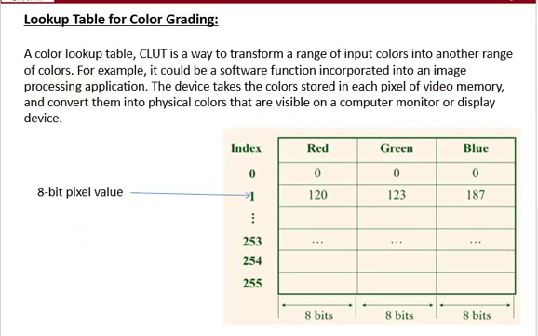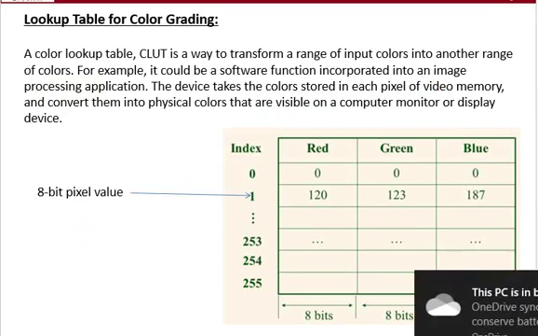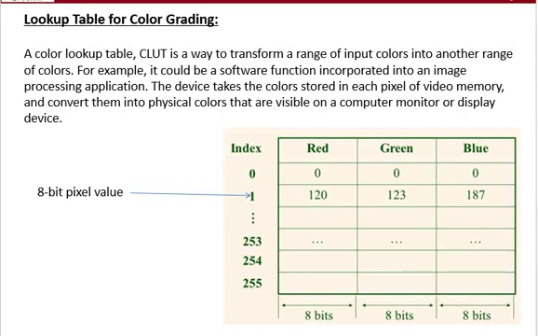Now, the lookup table. A color lookup table is a way to transform a range of input colors into another range of colors. For example, it could be a software function that is incorporated into an image processing application.